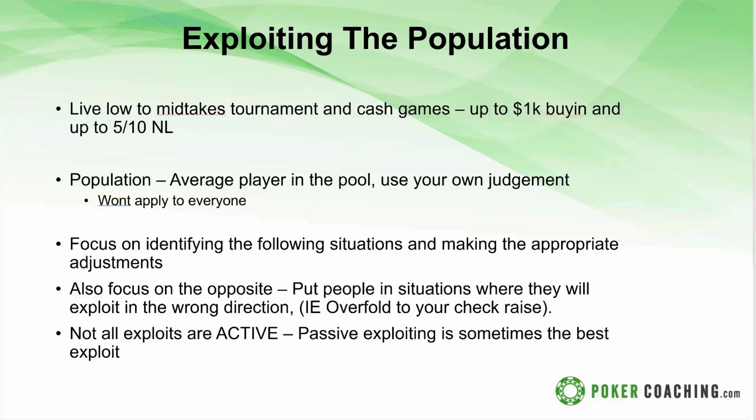We don't have to do anything. A lot of people feel like, oh, he capped his range, I need to start bluffing more. But a passive exploit is that, yeah, maybe he capped his range, but you're also over-realizing your equity. He's exploiting himself by letting you over-realize equity that you would have just folded on the flop, and now you're gaining EV you weren't supposed to gain. So that's what I mean by an active exploit and a passive exploit. We'll be talking about both of those.